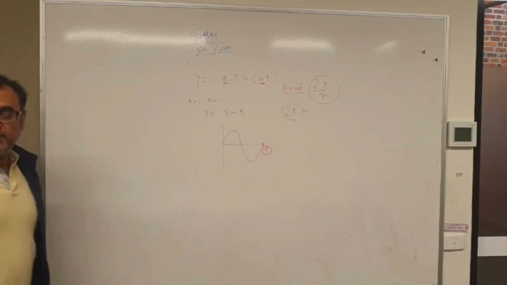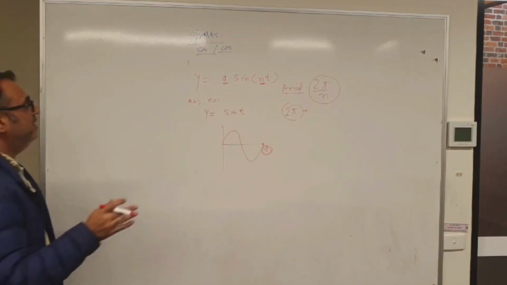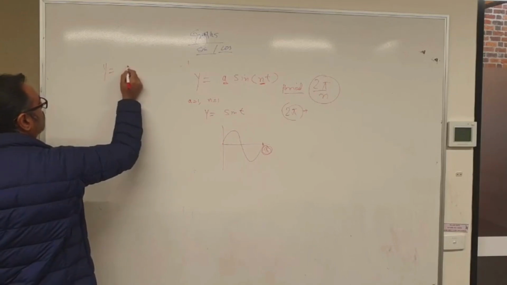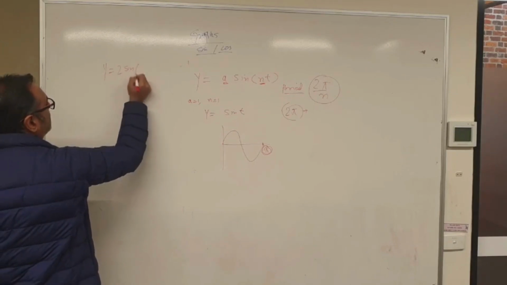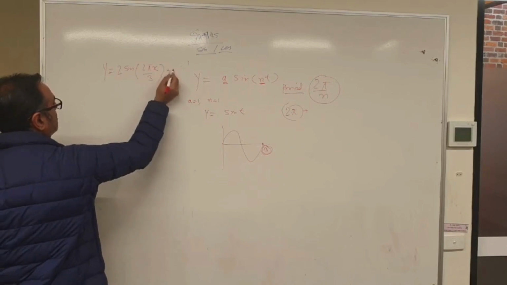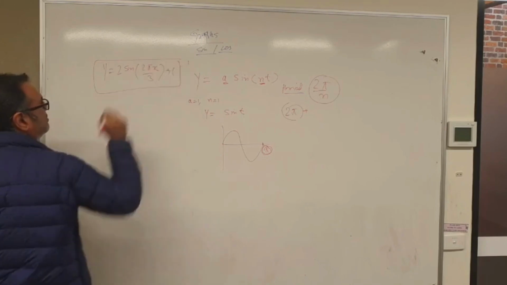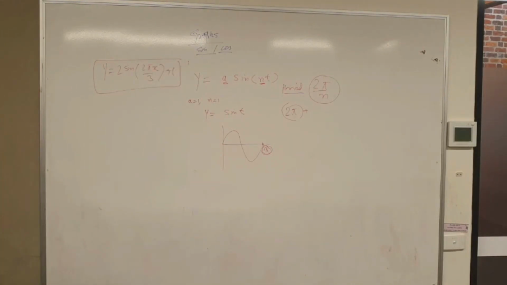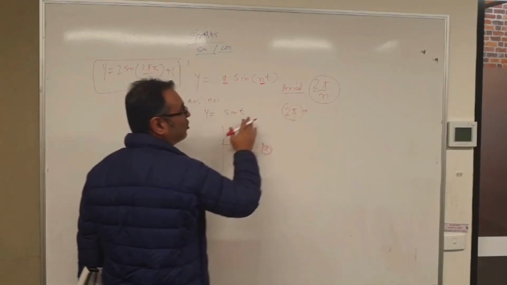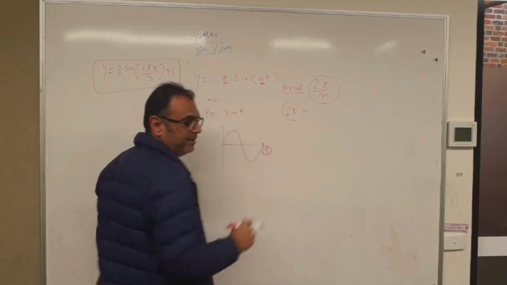Now the question that we did right at the beginning, I think it had something like y equals 2 sine 2 pi x over 3 plus 1. I think that was the question. And we were asked to find the period of the graph. So we use this formula. The period of any sine or cos graph is 2 pi over n.